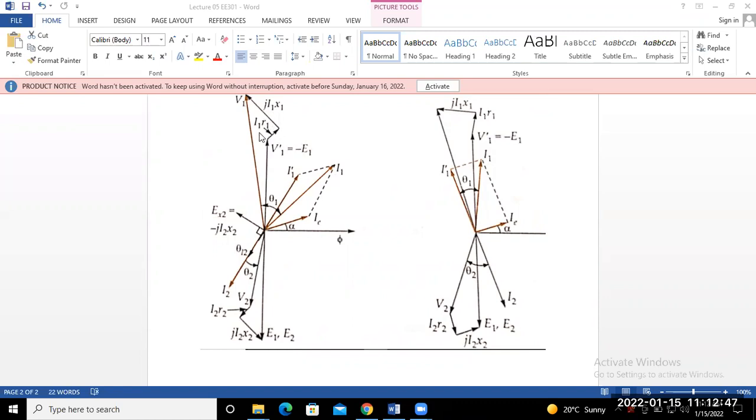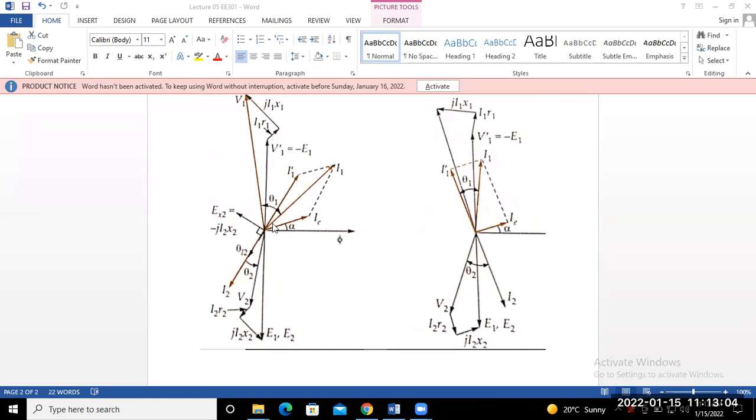So whatever we supply to the primary coil, that is V1, is the EMF induced E1 plus the resistance drop, that means I1R1, along the primary side.